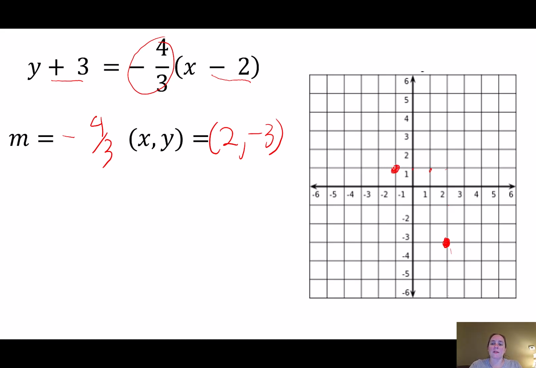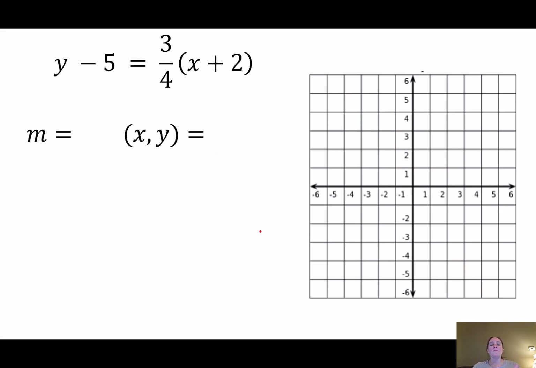And there would be my next point. And I can keep working backwards. Go up 1, 2, 3, 4, left 1, 2, 3, and then draw my line.